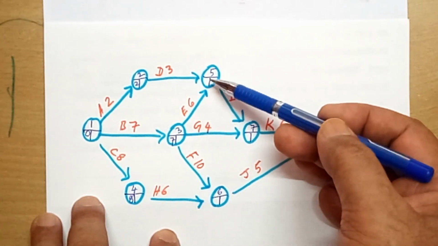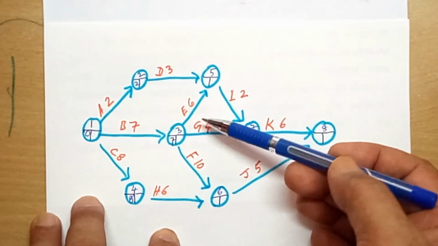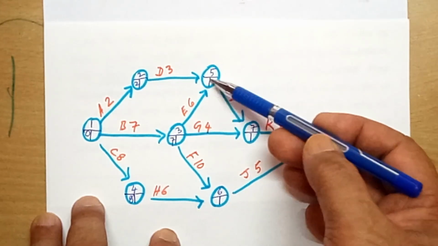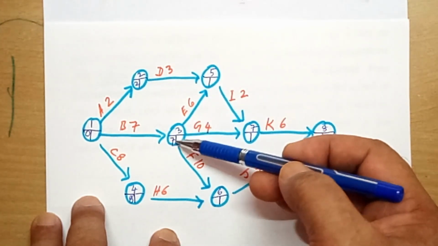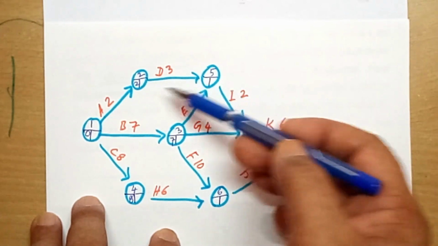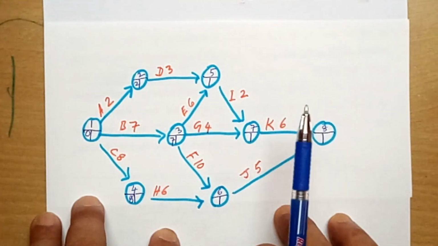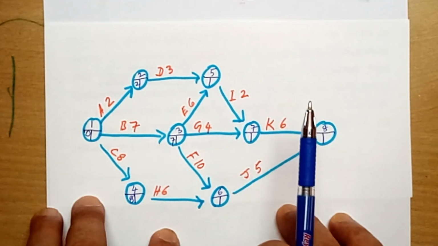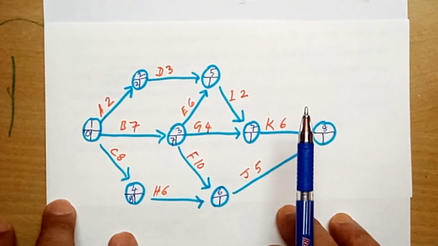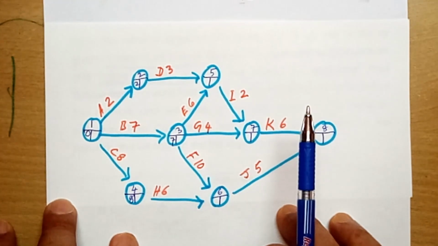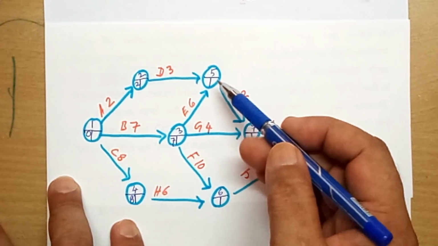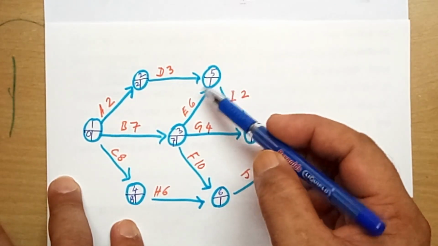In this case, you will have conflicting earliest start. Like from this node to this node, you have earliest start for this node is 7 plus 6, 13. And if you come by this way, the earliest start will be 2 plus 3, 5. So remember, when you do this forward pass calculation, in this situation you will take the highest one among the conflicting earliest starts.